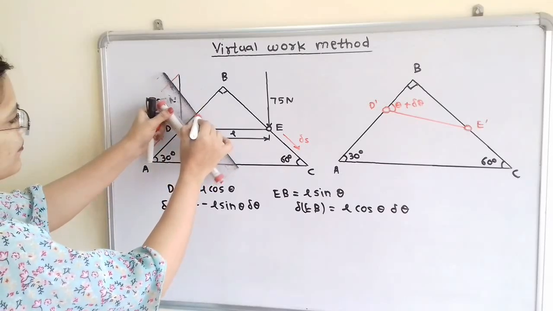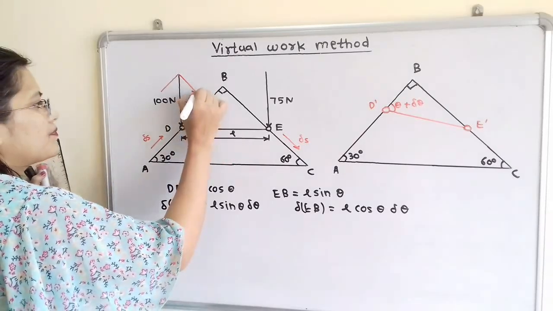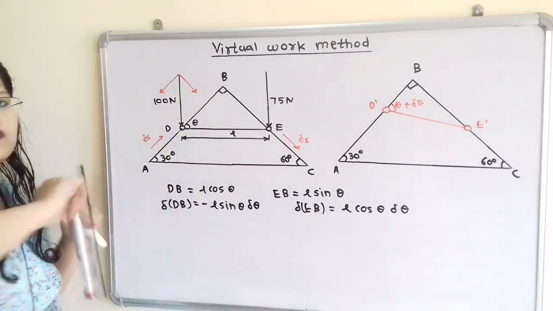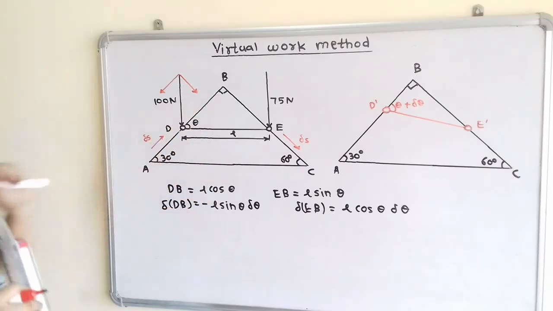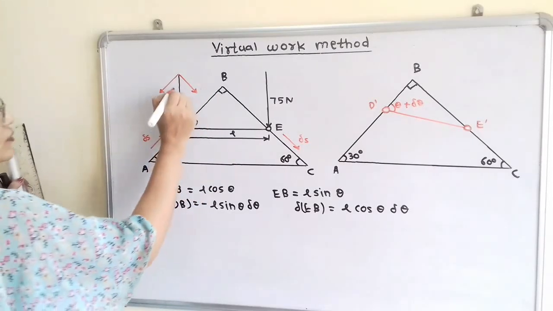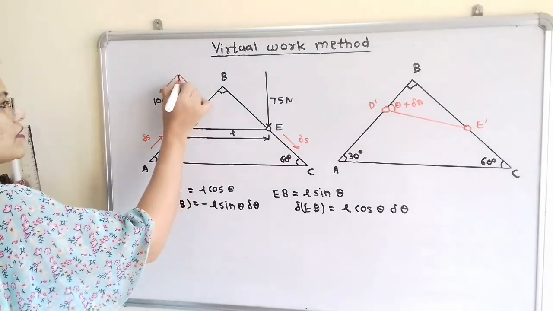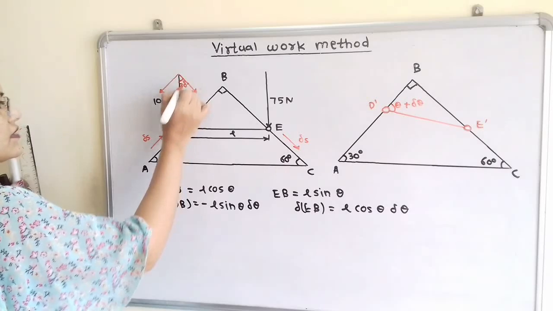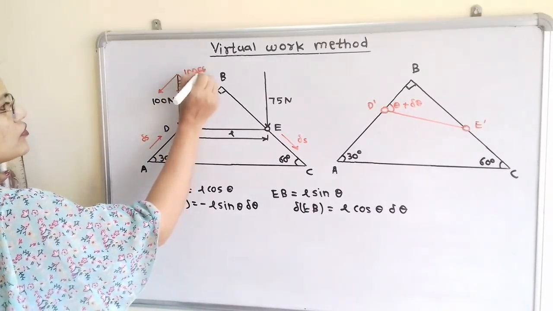So we have to take the perpendicular line, and here is the direction. Now how do we find its value? If we observe, the horizontal line and this inclined line make an angle of 30 degrees. This is the vertical line and this is the perpendicular line, so here also the same angle, 30 degrees. So its value is 100 cos 30.